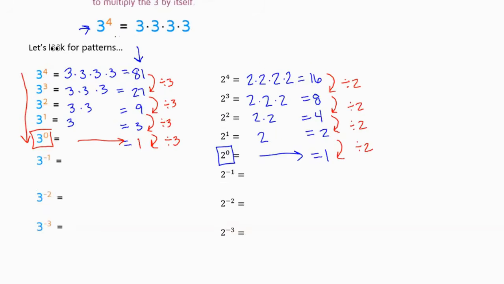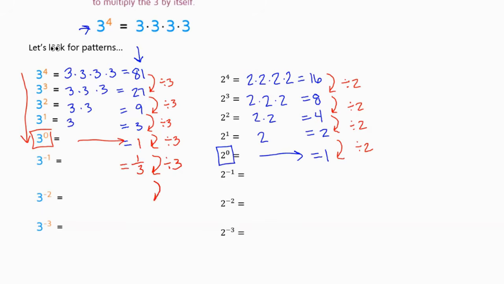Let's continue the exploration to see if we can understand a negative exponent. So in the first pattern, we were dividing by 3, dividing by 3, dividing by 3, and we stopped at a value of 1. Well, let's continue. What is 1 divided by 3? Well, that is 1/3. Hmm.